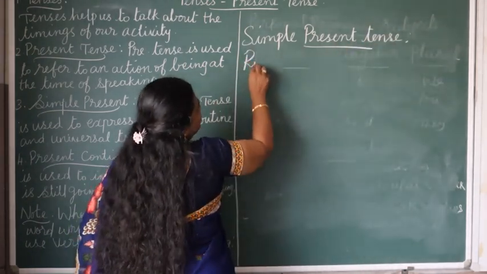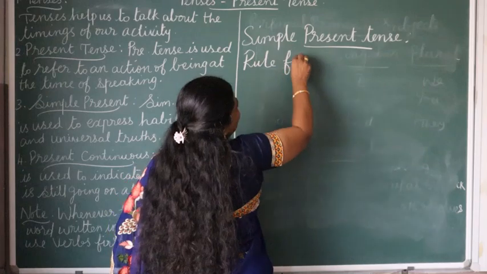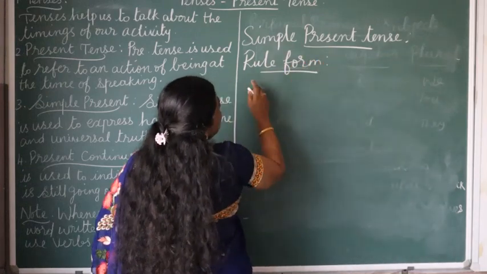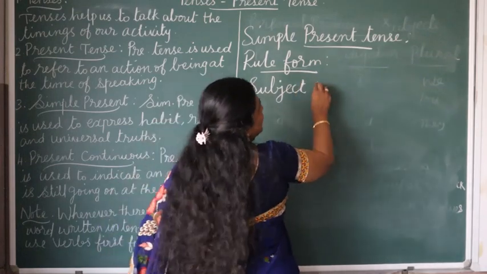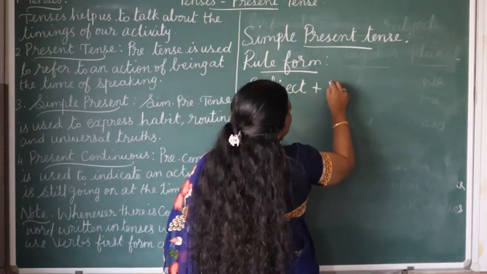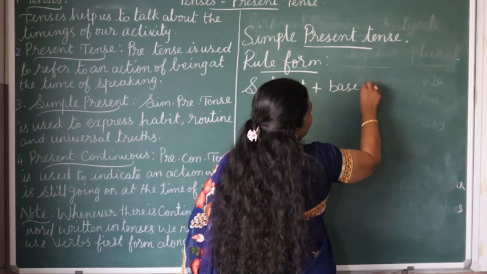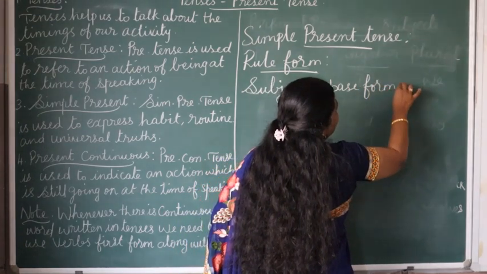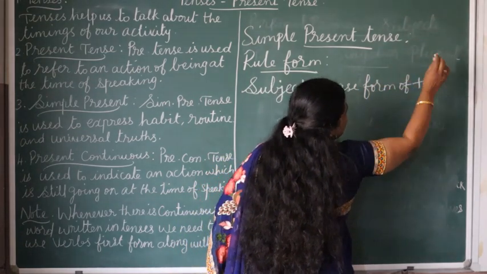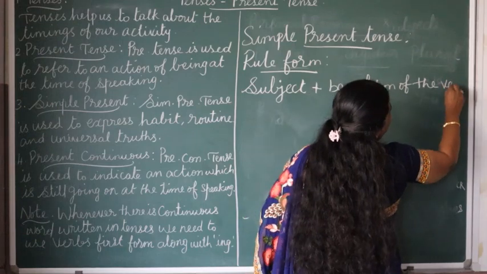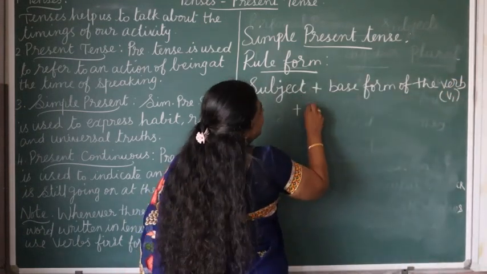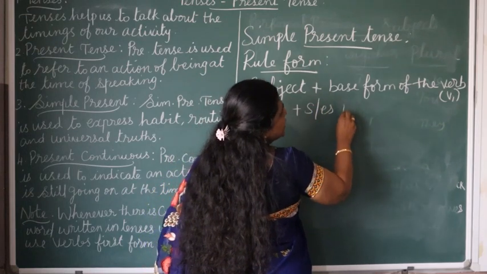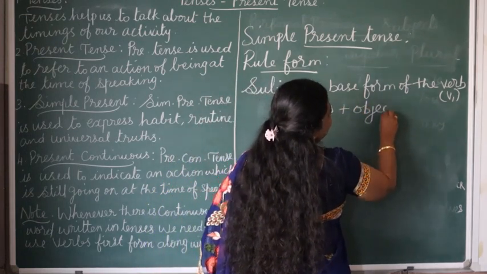Rule form: subject plus base form of the verb, that is present tense V1 plus S or ES plus object.